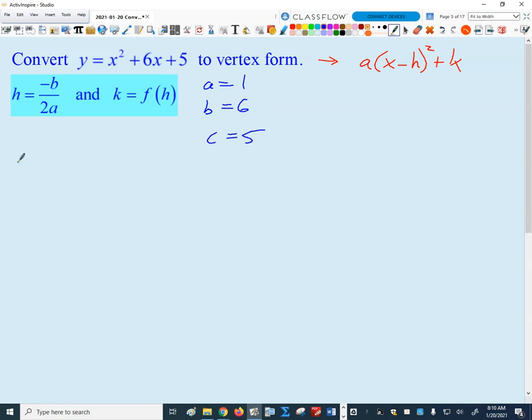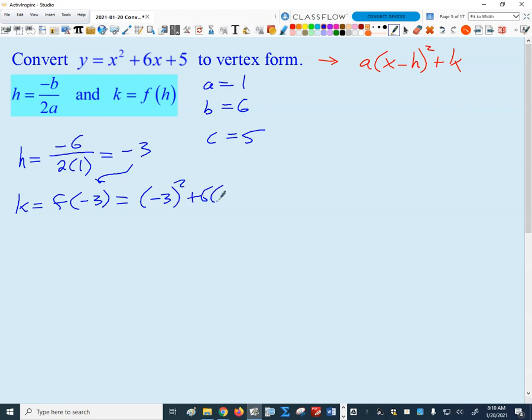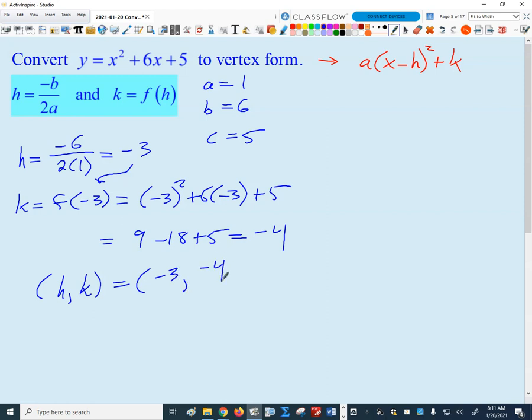And so we can calculate h. h is equal to negative 6 over 2 times 1, which is -3. k is going to be f of h, which is the quantity -3 squared plus 6 times -3 plus 5, which gives us 9 minus 18 plus 5, which is -4. So our vertex has coordinates -3, -4.